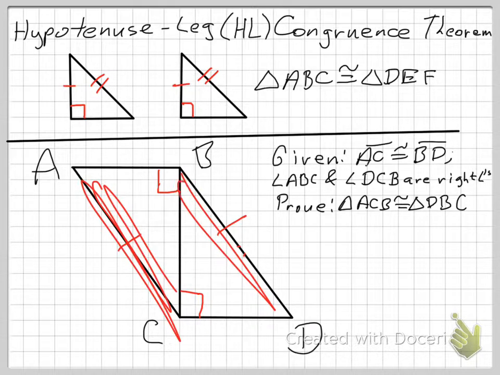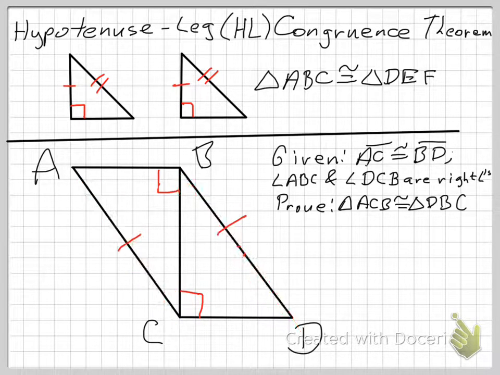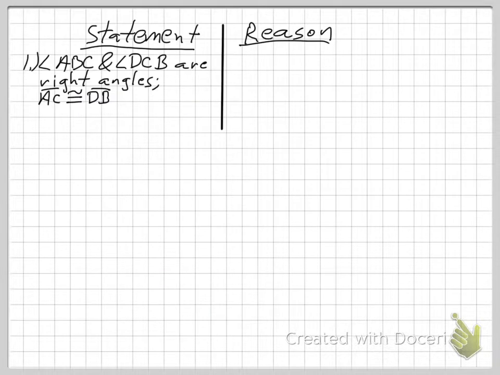That's with the tick marks. So we have those two are congruent to each other. And then we have BC is congruent to itself, reflexive property. So we have hypotenuse and leg congruent to the hypotenuse and leg of the other triangle.